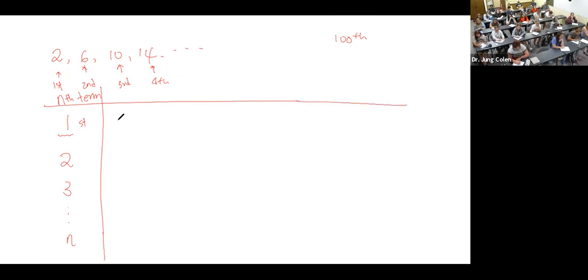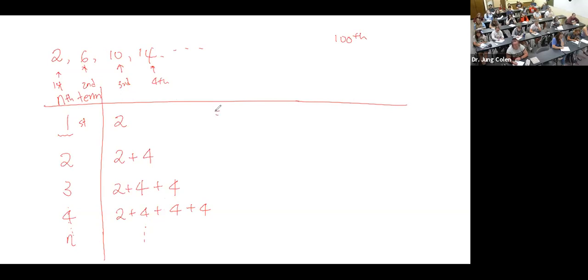The first term is 2, the second term is 6, and compared to the first one, I added 4, right? For the third number, I added 4 to the second number, so I can rewrite this as second number plus 4. Let's look at the fourth number. I'm going to add 4 to the third number, and so on and so on.